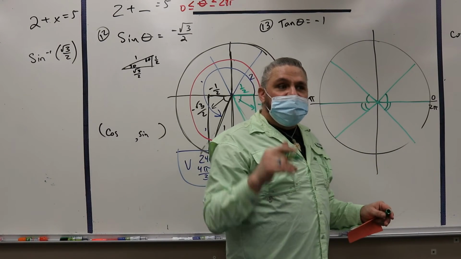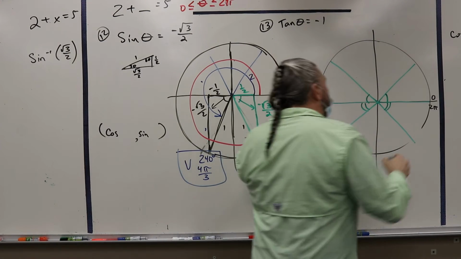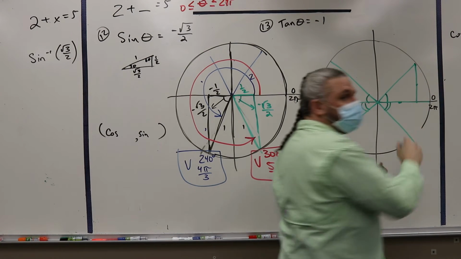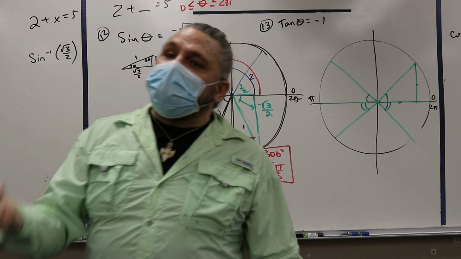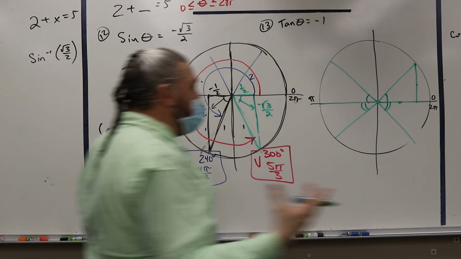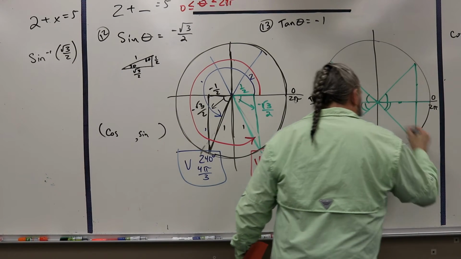And so we're talking about this side over this side being the same, but one of them being negative and one of them being positive. Because that's how you get to a negative, right? Negative over a negative is a positive, and a negative over a positive is a negative. So one of them has to be negative, one of them has to be positive.